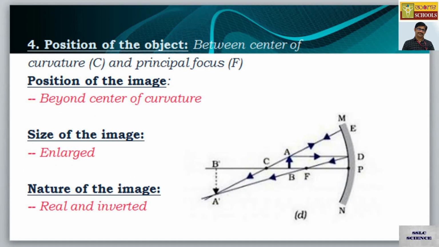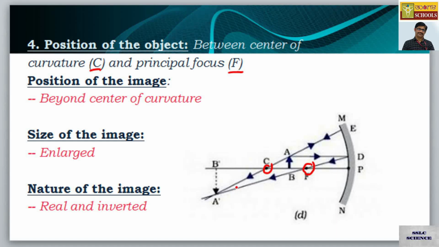Next point, that is the position of the object when kept between center of curvature C and F. Whenever you are placing the object AB between C and F, again, from this point, the ray which is parallel to the principal axis should pass through F, which is given by this ray.